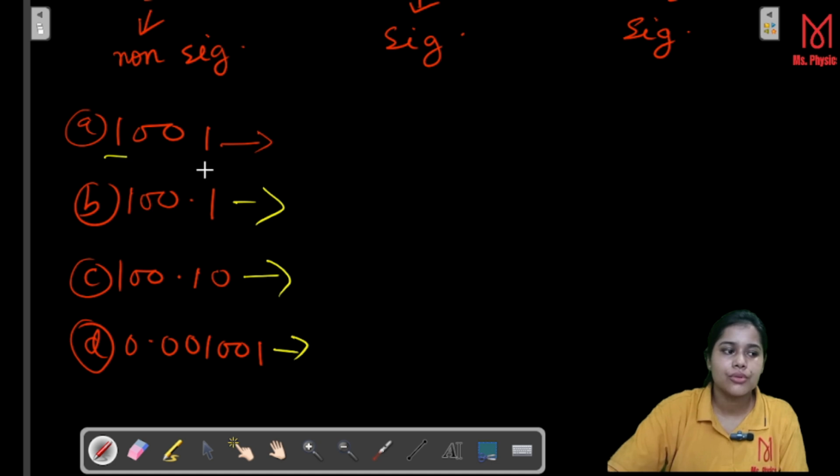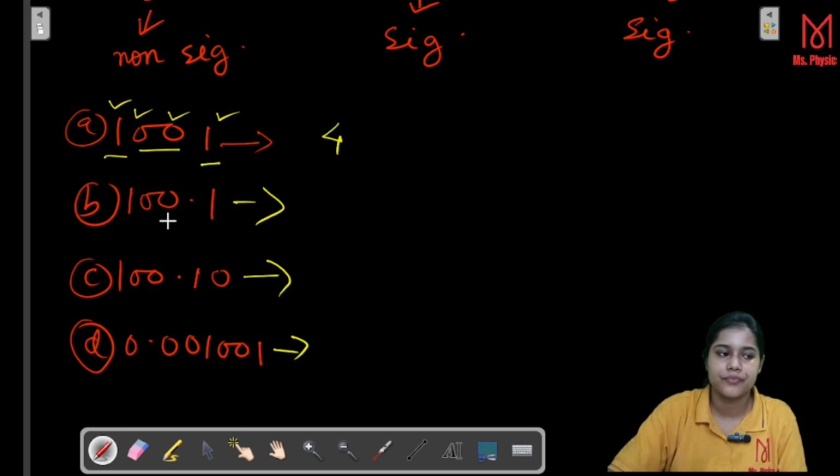1001. Two significant digits are there and zeros are placed in between them. So the total number of significant digits is 1, 2, 3 and 4. So 4 is the answer. Here zeros are placed again in between them. So 1, 2, 3 and 4. So the answer is 4. Here 0 is placed at the end after the decimal point.